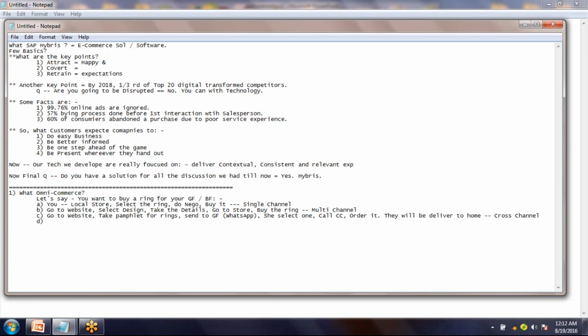Okay. So with this approach, you will get a better result compared with the A and B approaches. But the modern approach is something like this. The modern approach is also called omni-commerce.